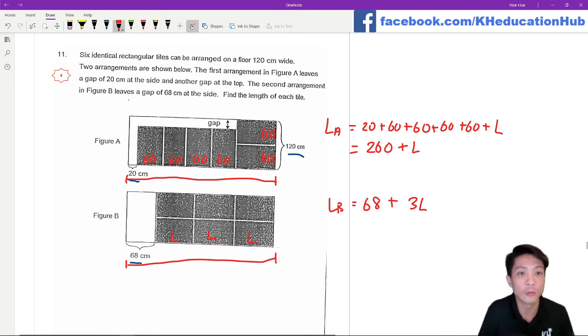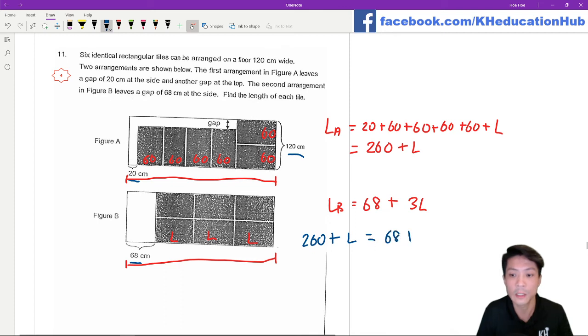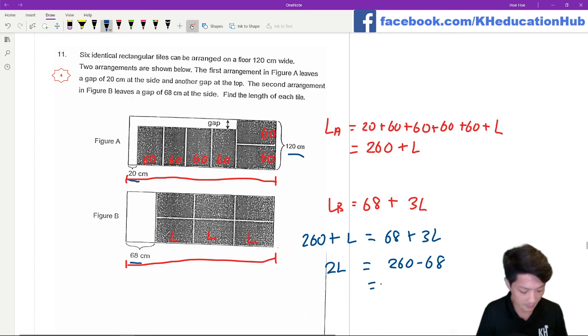So I'm gonna do the working in blue. 260 plus L is basically equal to 68 plus 3L. Which means that 2L is equal to 260 minus 68, which is equal to 192. Which means that L would be equal to 96 cm.